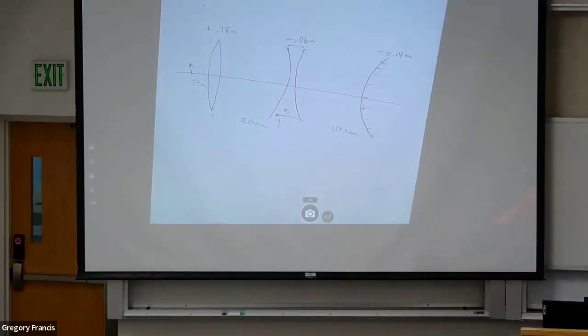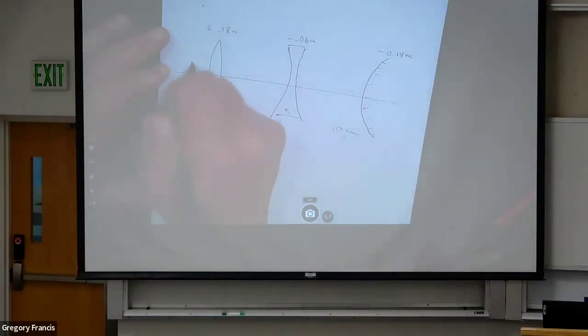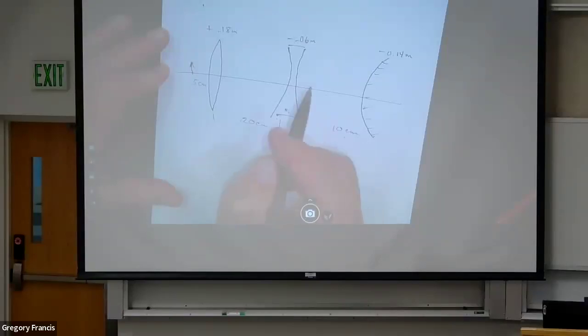Okay, so first things first. If we look at light that leaves here and goes out to this lens, let's call this K initial 1. Just keep all these K's straight.